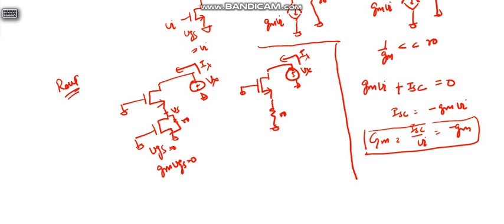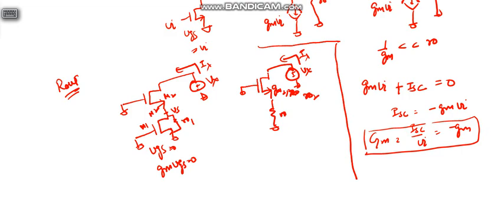We know this is the cascode structure. We have seen in previous output impedance videos how to find the output impedance of this structure. Say this is M1 with Ro1, and this is M2, with parameters Gm2, Ro2.